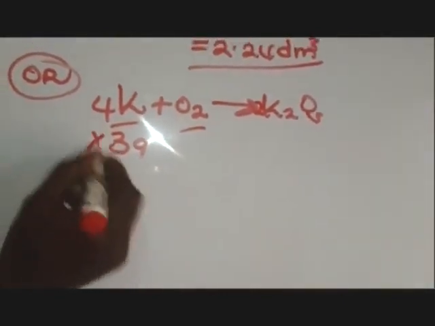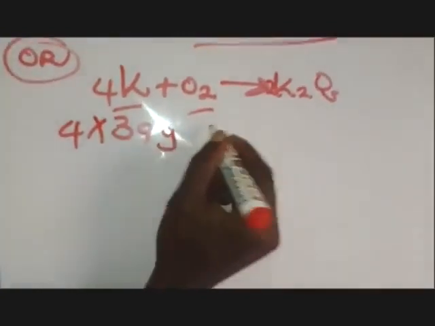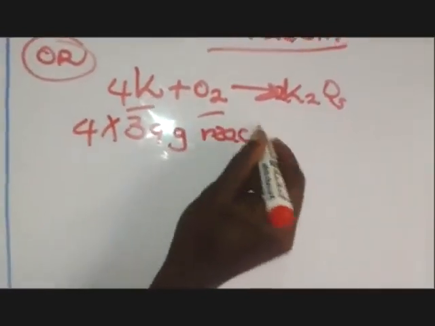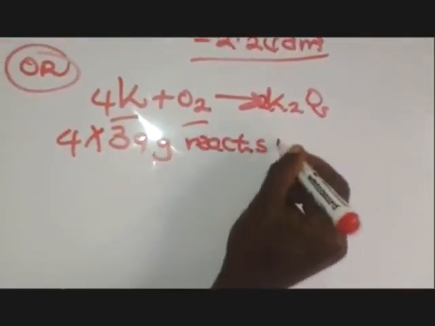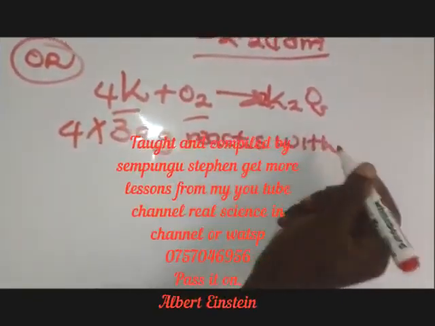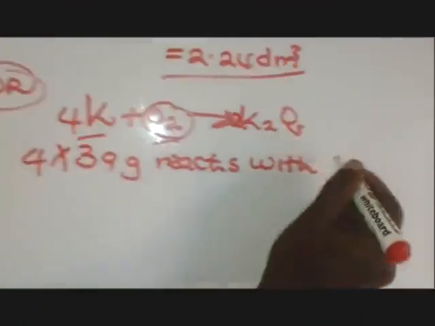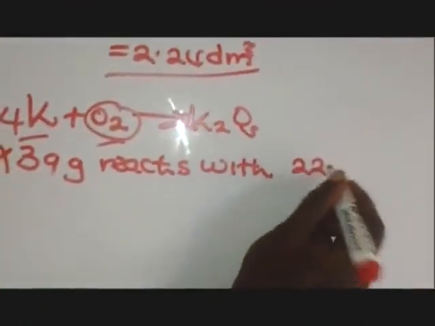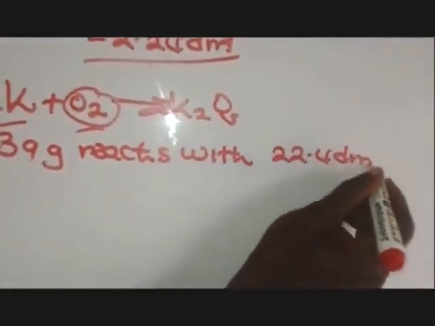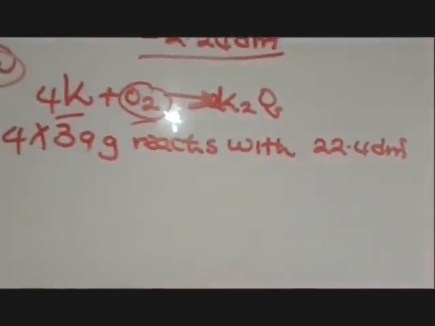There is this 4, you multiply by that 4 in the front here. Then these grams react with the molar gas volume, because 1 mole of oxygen is occupying 22.4 decimeters.